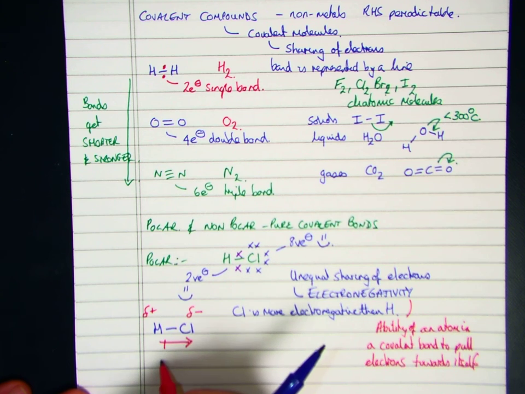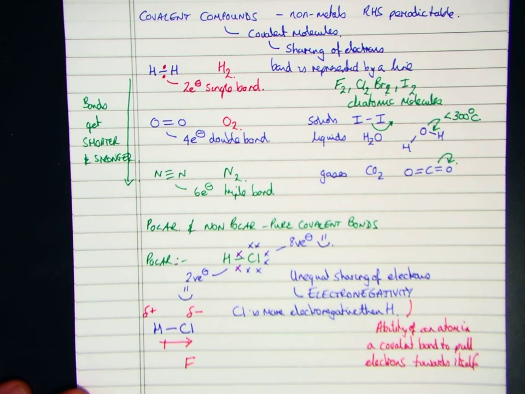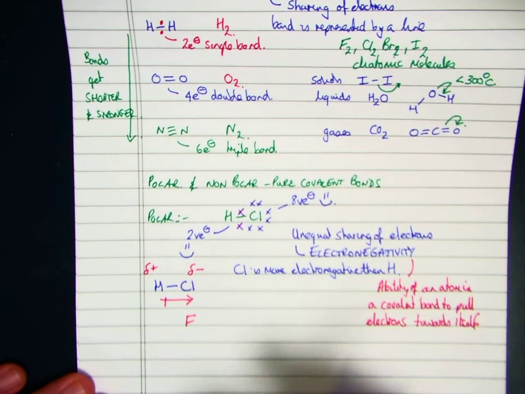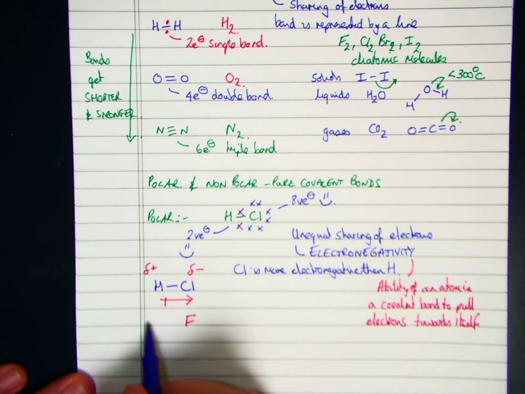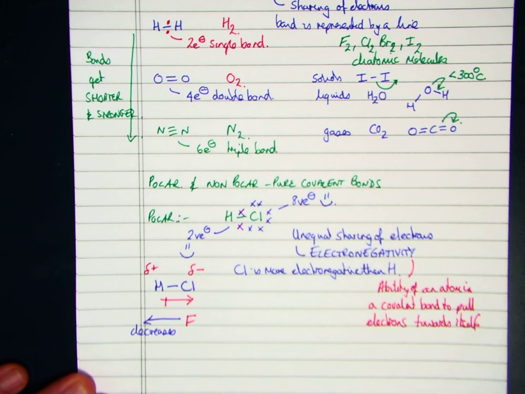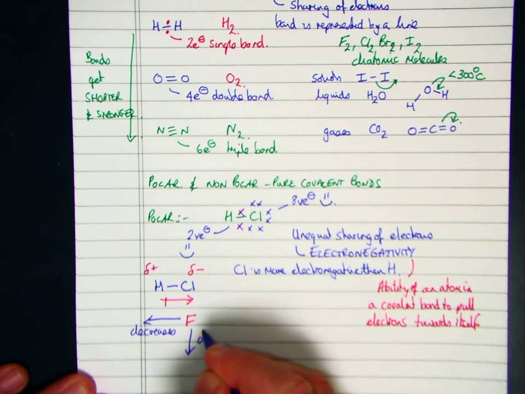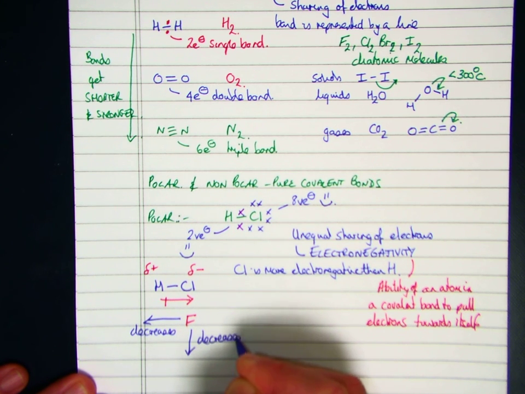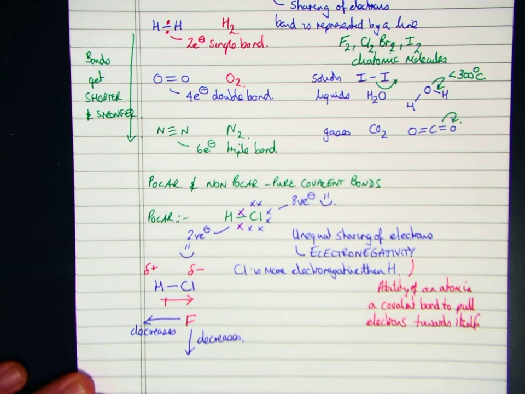And we know fluorine is the most electronegative element, and as we move away from fluorine, electronegativity decreases from right to left and from top to bottom. So all we have to do is look for our elements on the periodic table and recognize which is more electronegative and which way the bonds are going.